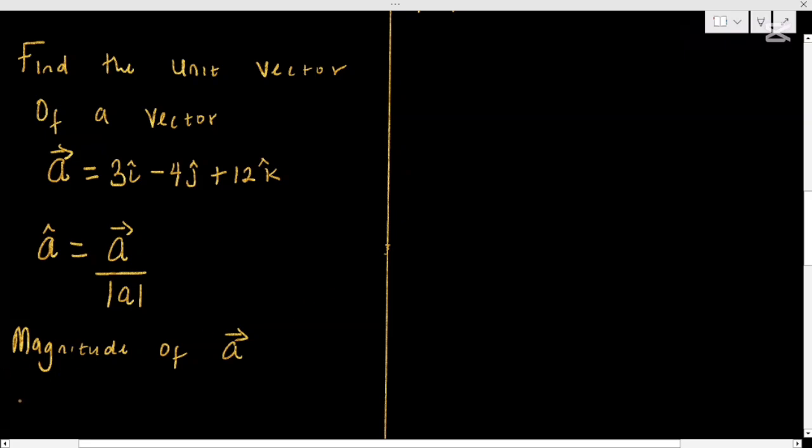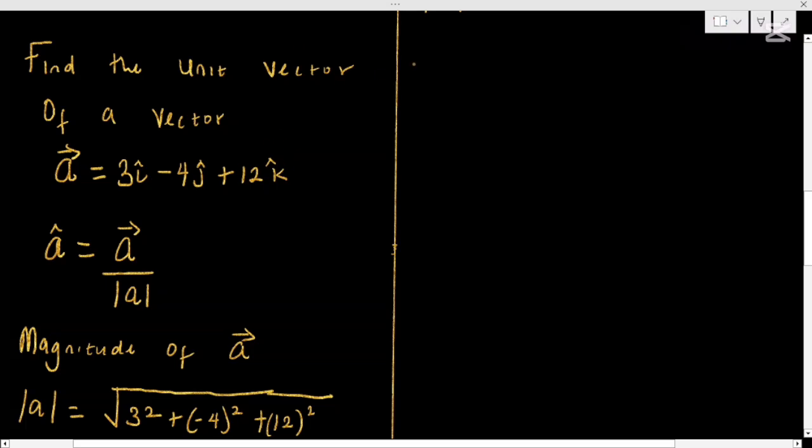And that is given by the square root of three squared plus minus 4 squared plus 12 squared.